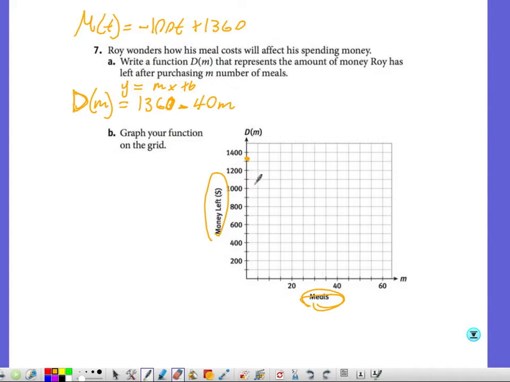So now we can find where the x-intercept is, because at 34 meals, which is somewhere around here, he has no money left over. This point represents 34 meals with no money left over. Now we have our 2 points, and that is the graph right there.